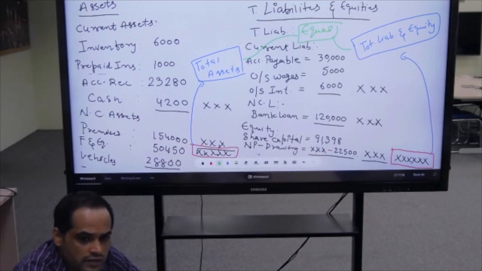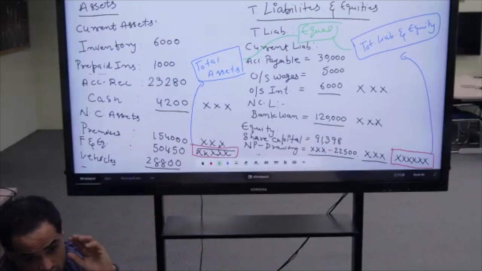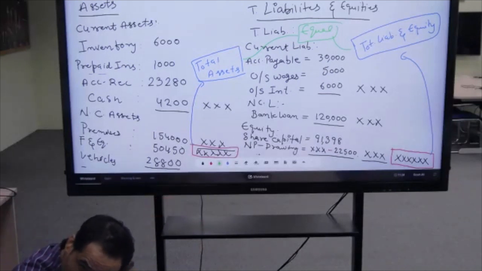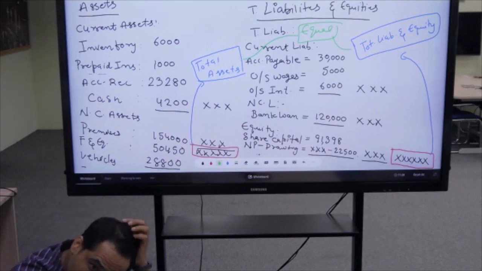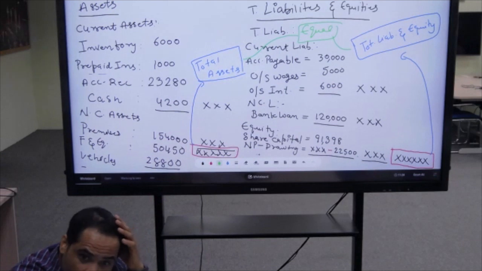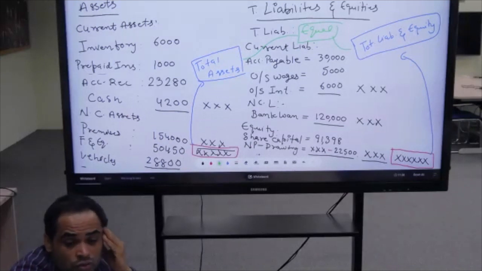Is it equal or not equal? You have all the numbers here, just add them all. It's not equal. All right. So maybe you made a mistake somewhere. What is your balance? What is your total assets?